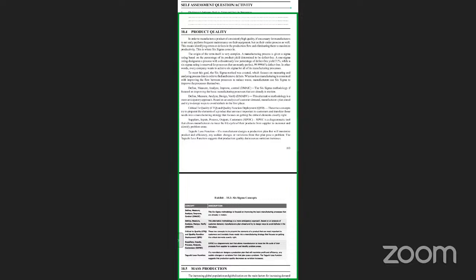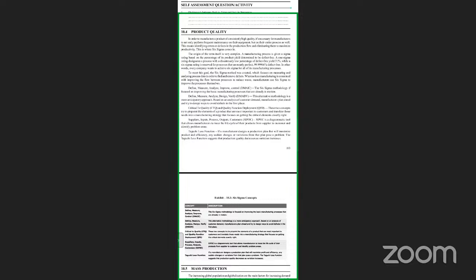Under this, we define it with the help of Six Sigma, which is DMAIC, that is define, measure, analyze, improve, and control. This Six Sigma methodology is focused on improving the basic manufacturing processes that are already in motion.